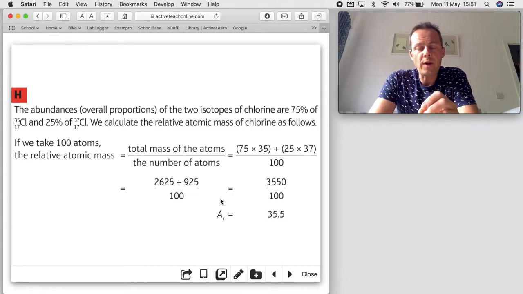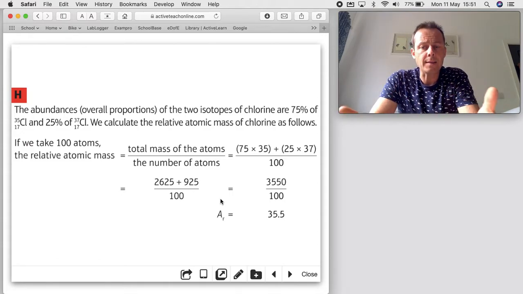So to work out the relative atomic mass of chlorine as an average, as it's shown in the periodic table, we need to follow this simple formula. We need to know the total mass of all of the atoms, and then we need to divide that by the total number of atoms.